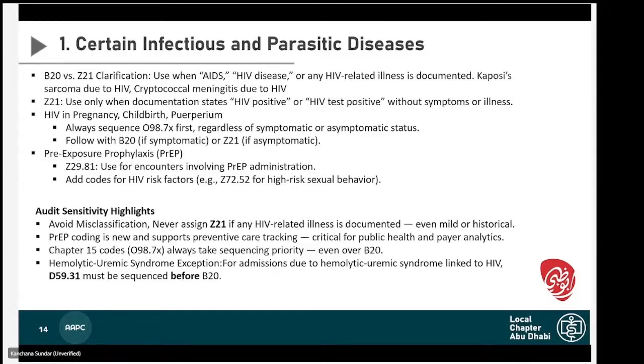Whenever hemolytic uremic syndrome is linked with HIV, ensure that hemolytic uremic syndrome is coded first and B20 is sequenced next. There is a well-established guideline which says hemolytic uremic syndrome is to be sequenced first, followed by B20. So just highlighting that guideline.